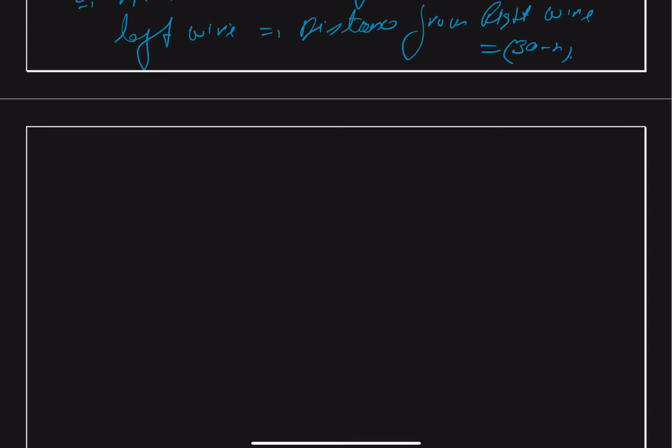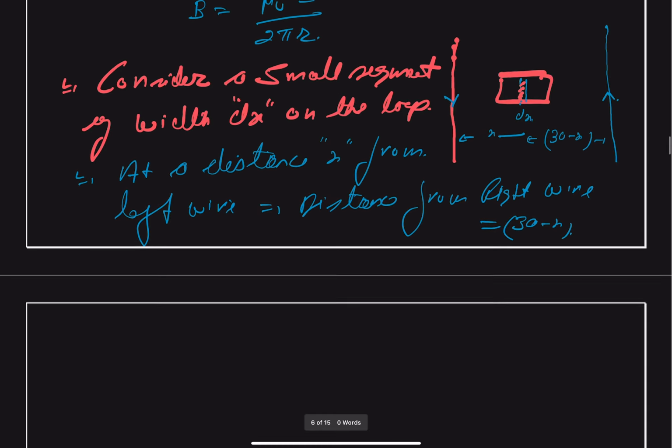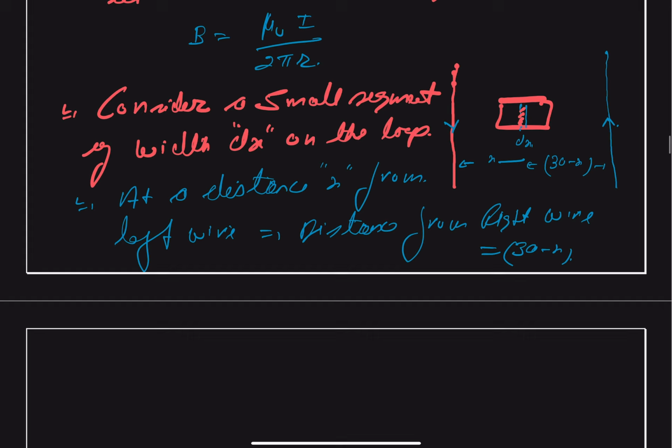So the net magnetic field will be the sum of the individual magnetic fields. If the magnetic field generated by the left wire is B1, and because of the right wire is B2, then the magnetic field at the segment will be B1 plus B2.